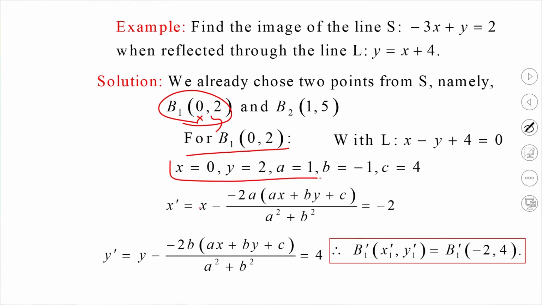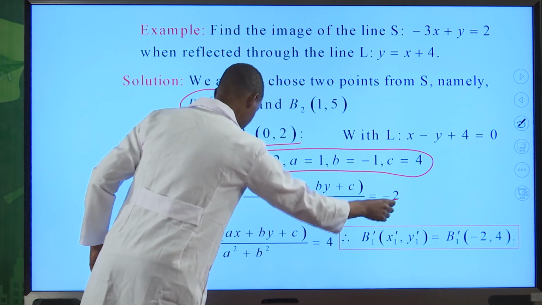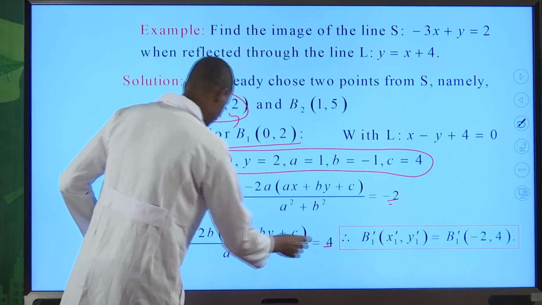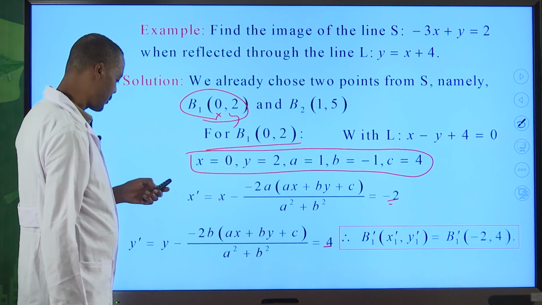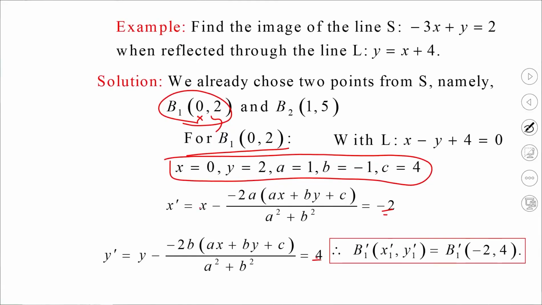We have everything here. We directly substitute into this one, you get minus 2. And for y prime also 4 by direct substitution. So we got the same result as before, but within a very few lines of steps.